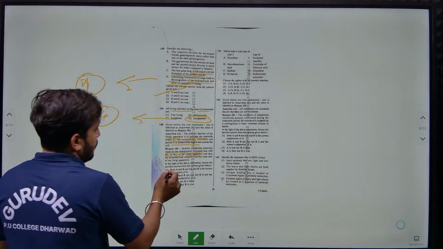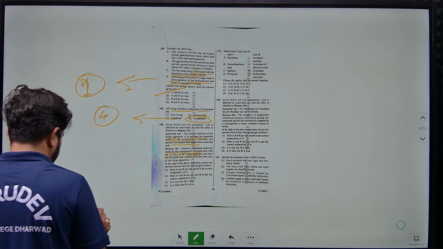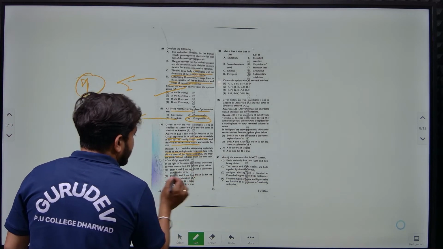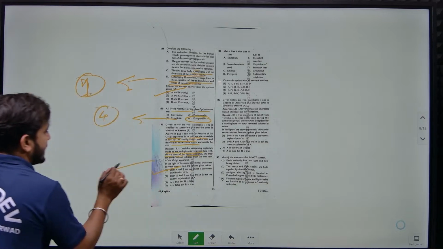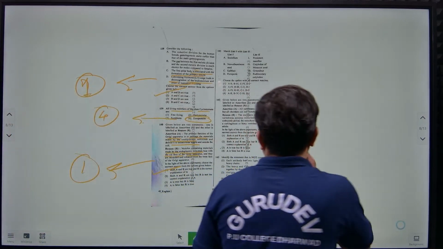Then we have to find the correct option. Here both assertion and reason are true, and the reason is the correct explanation of the assertion. So option 1 is correct here.